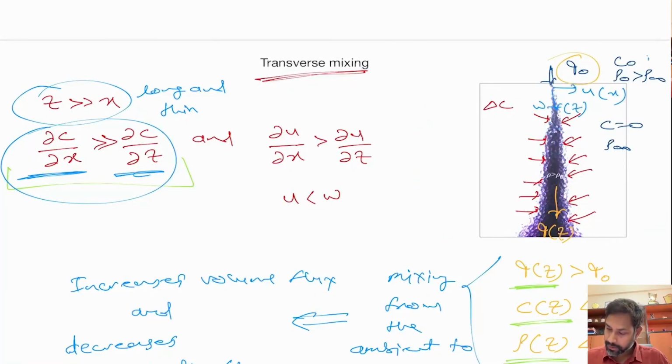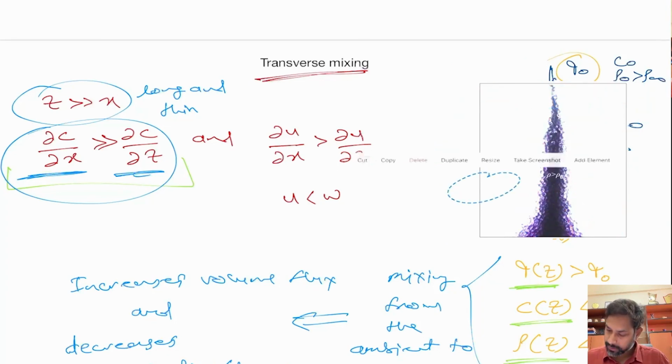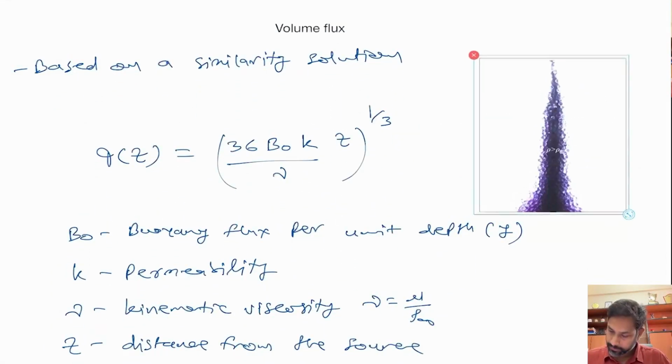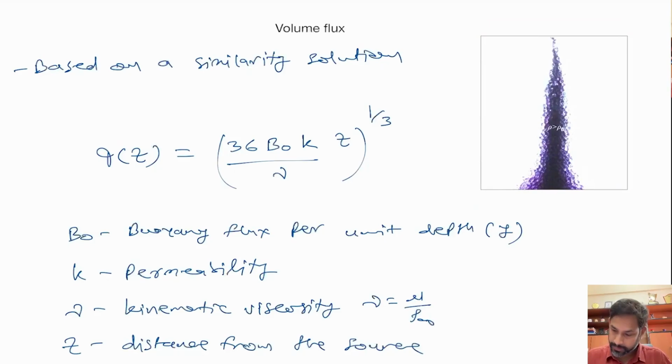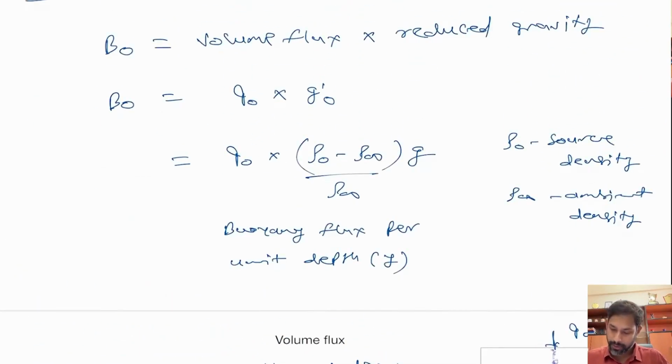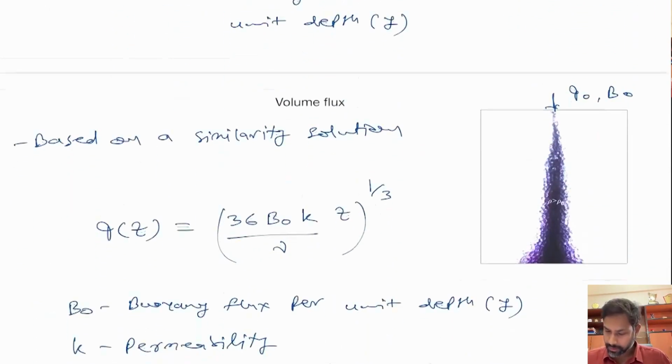Let's copy this. All right, so we are assuming that here is Q naught or B naught, which comes from both Q naught and rho naught, which is dependent on C naught.